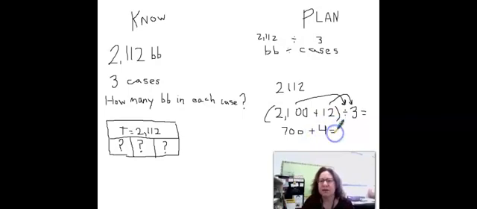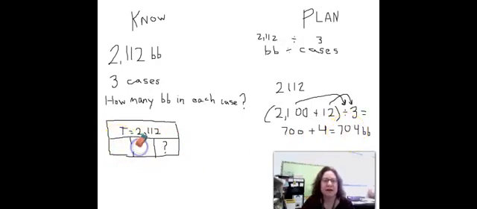So when we add 700 plus 4, we get 704 building blocks. And that will go into these blocks, or these spaces right here. These are the cases, okay?